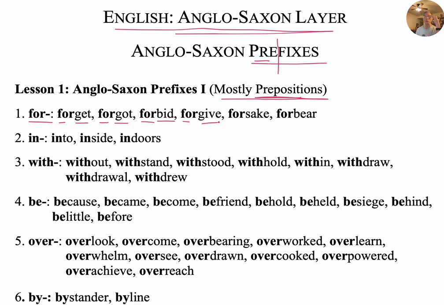Next we have forgive. And forgive is when someone's done something against us and they tell us they're sorry, and so we forgive them. Next is forsake. And if someone forsakes you, that means that they turn against you and they won't talk to you anymore. Next, we have forbear. And here the word bear is not a four-legged bear by any means, although it's even spelled that way, but it means to bear or to put up with.